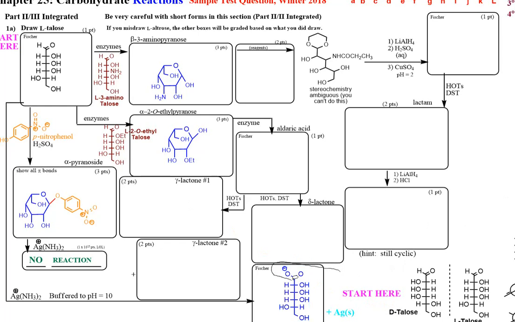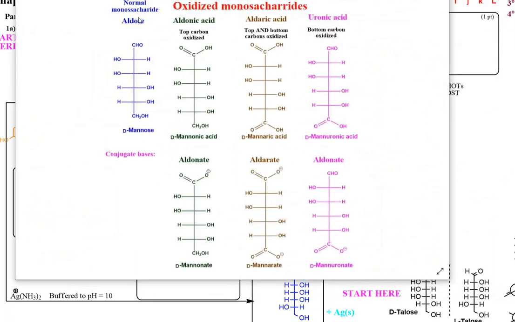What do we call an aldehyde that became a carboxylate in a carbohydrate? In chapter 26 we see that an aldose that became a carboxylic acid at both ends is an aldaric acid. So if it was mannose, it became mannaric acid, and we lose an H from the top.